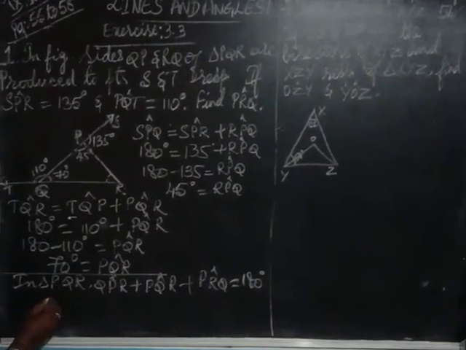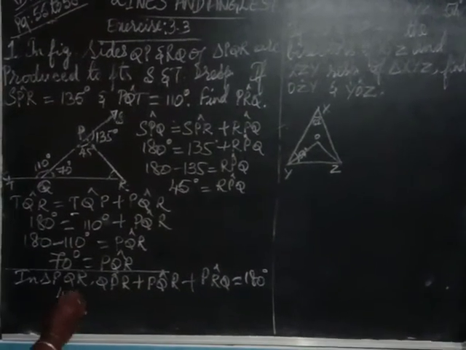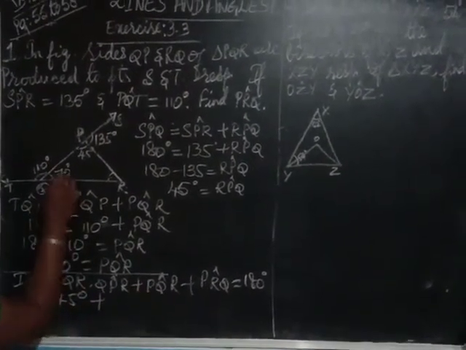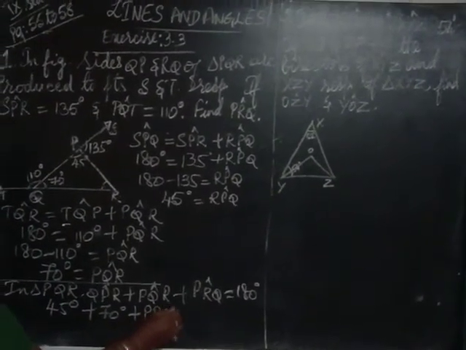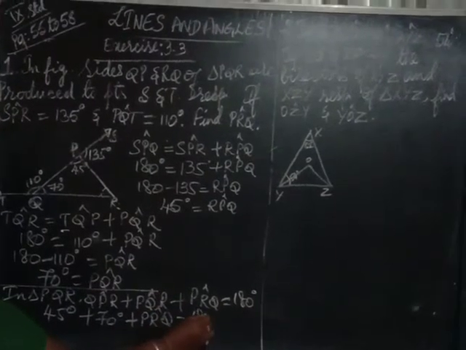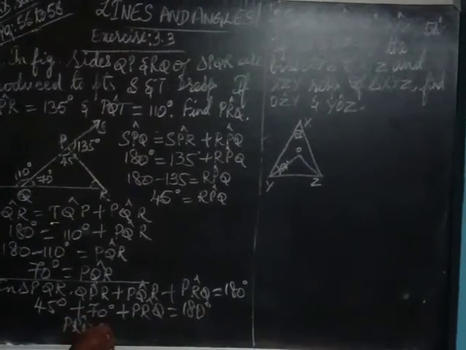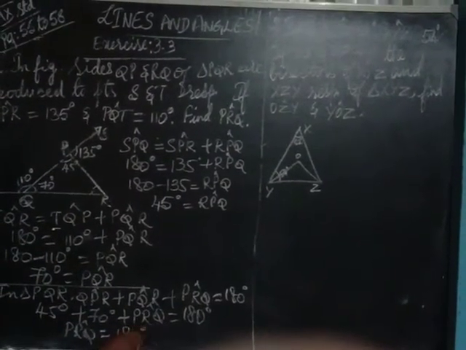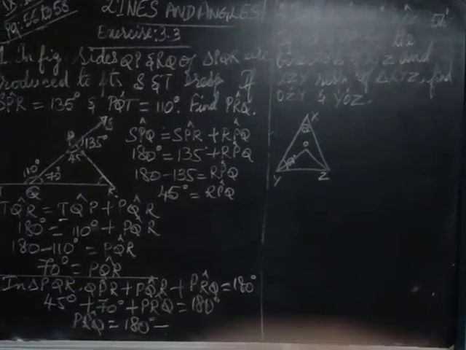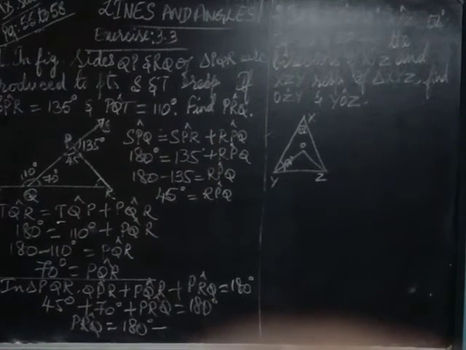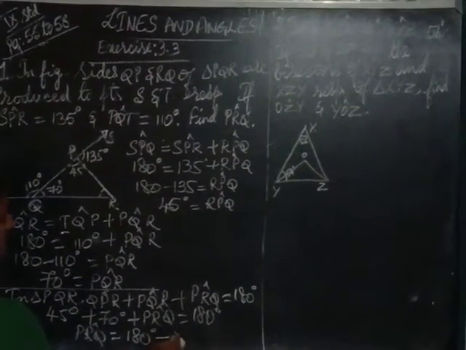So here QPR is 45 degree plus PQR is 70 degree plus PRQ is equal to 180. Now PRQ is equal to 180 minus, 45 plus 70, which is 115.